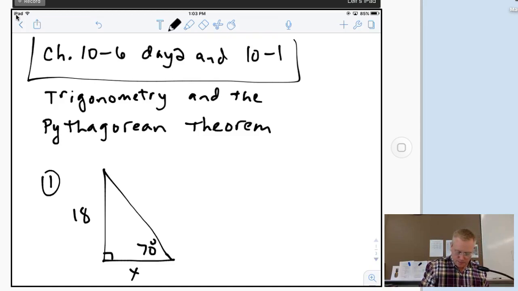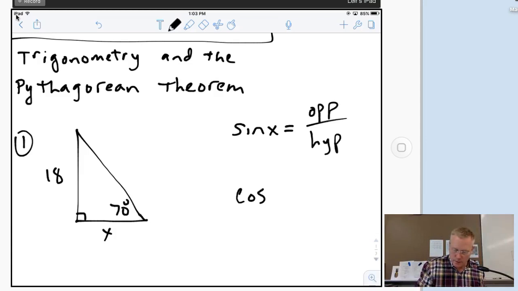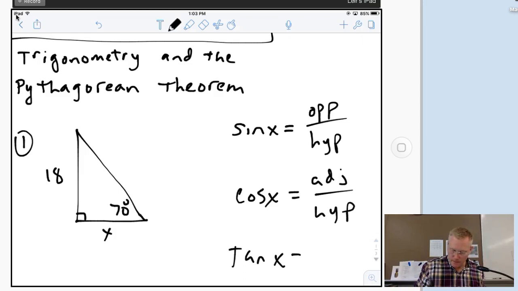That's in degrees. So a reminder that when you're doing these, I like to start with these over here: sine equals opposite over hypotenuse, cosine is the adjacent over the hypotenuse, and the tangent equals the opposite over the adjacent.